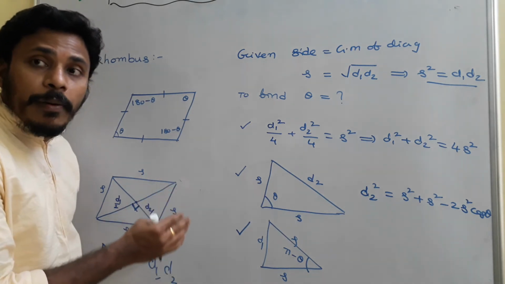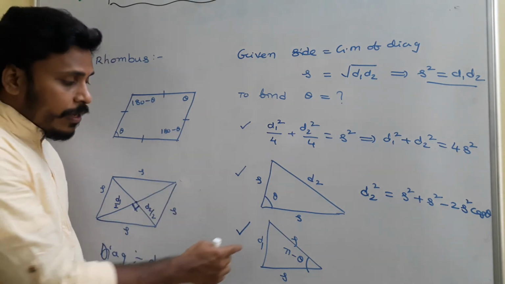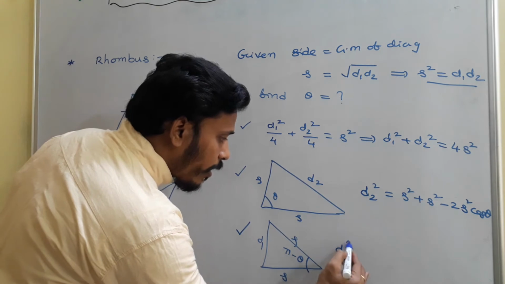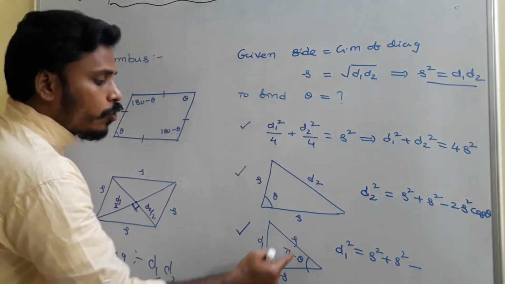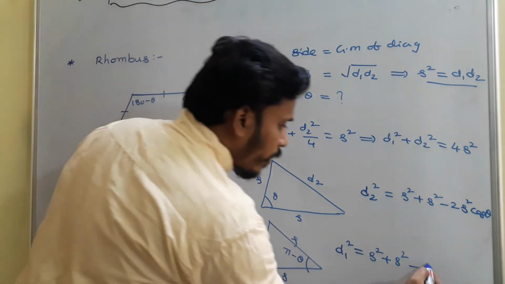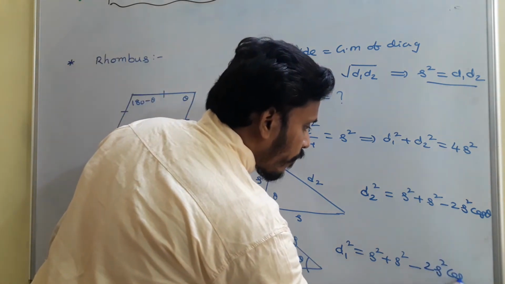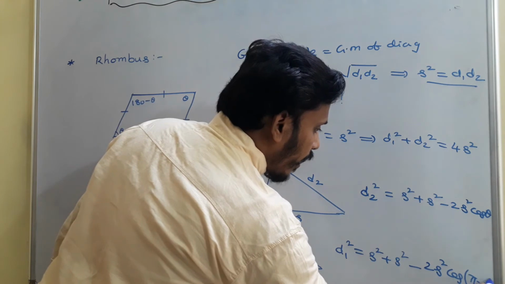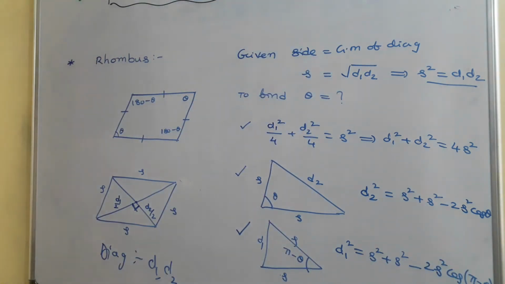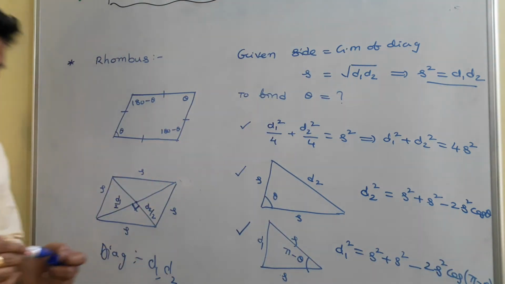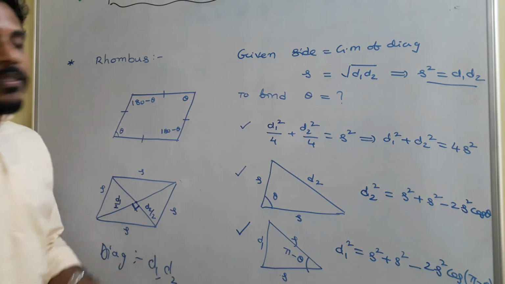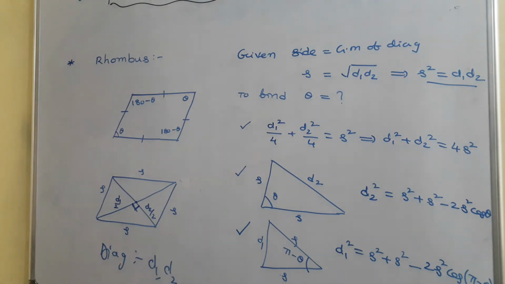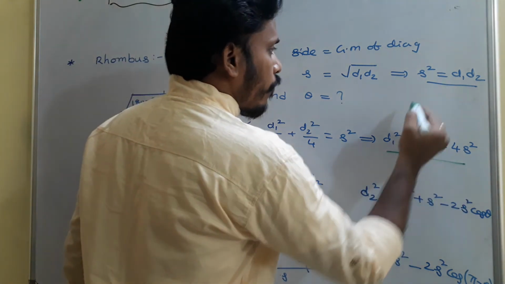This is side s, this is side s, and this is the other diagonal d1. Applying the cosine rule for this triangle, d1 square equals s square plus s square minus 2ab cos of this angle, that means 2s square cos of pi minus theta. Just have a look: S square equals d1 d2 is the given idea, and d1 square plus d2 square equals 4s square is the property of the rhombus.